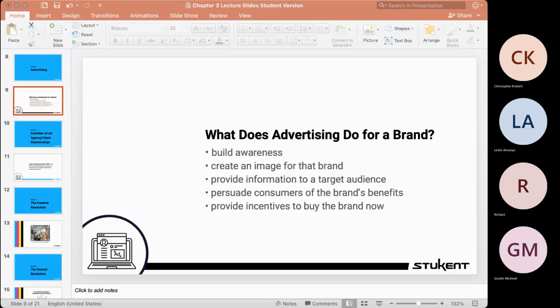Effective advertising should be able to create a memorable impression of the brand, and it should be able to influence consumers to purchase your brand over all others. So if none of these is happening, of course that advertising is not effective.